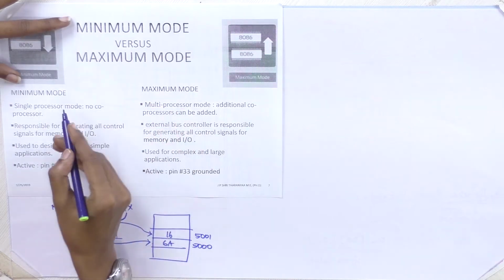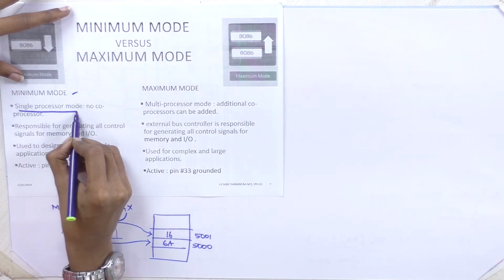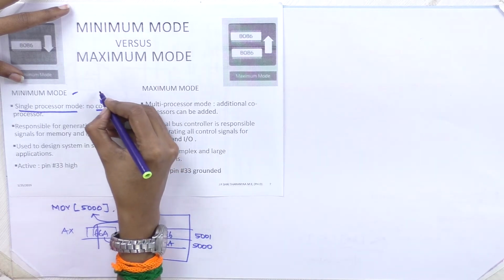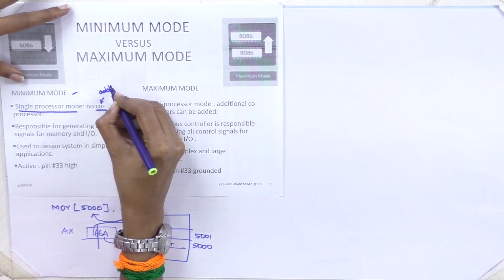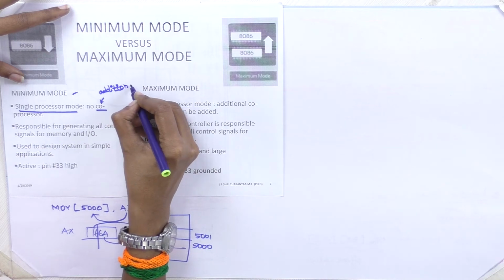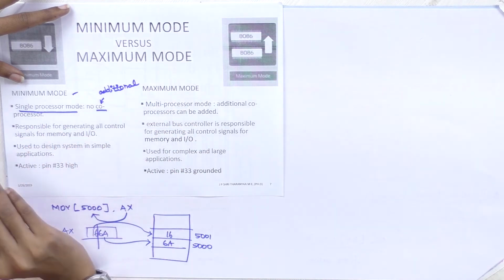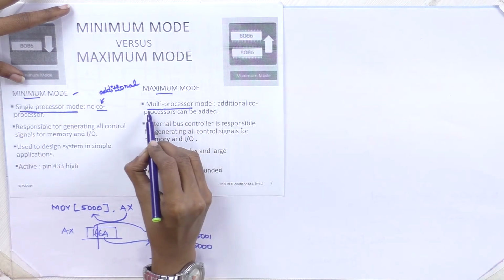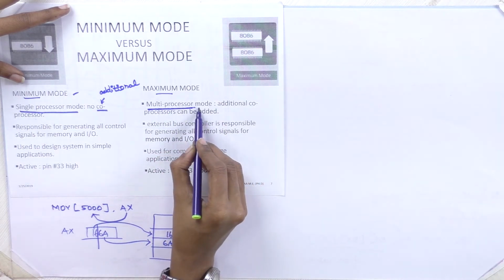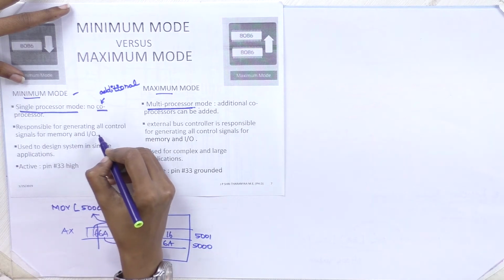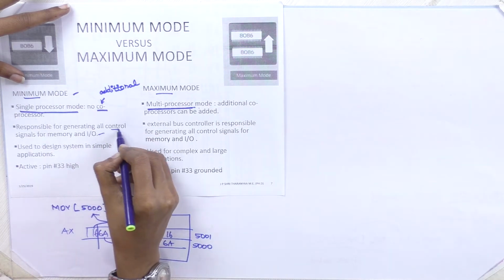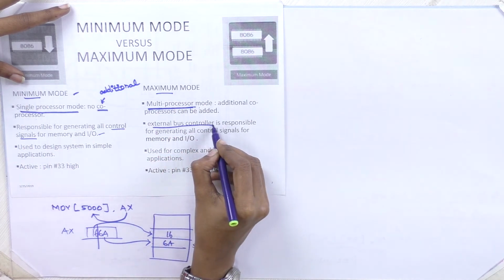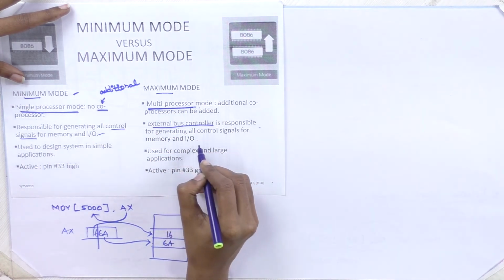The first thing is, in minimum mode a single processor is required, no co-processor, in the sense no additional processors are required, whereas in maximum mode multiprocessors are required. No such hardware is required for generating the control signals in minimum mode, but here an external bus controller is responsible for generating the control signals.